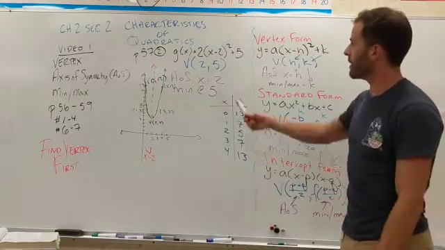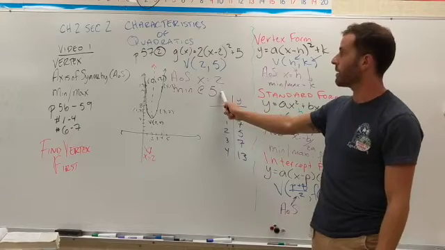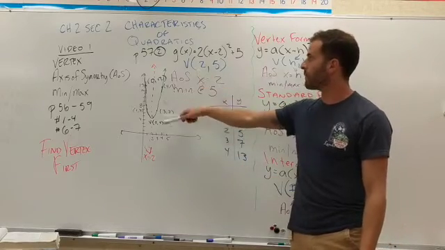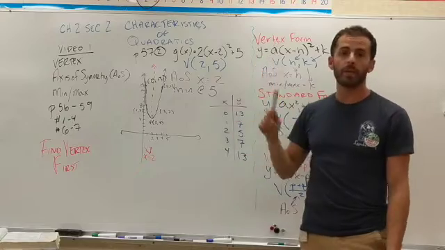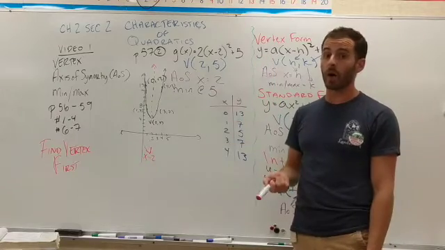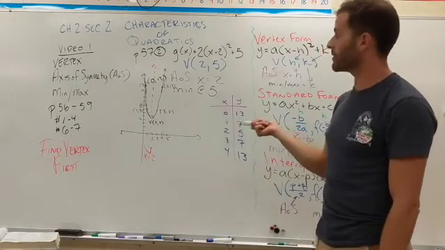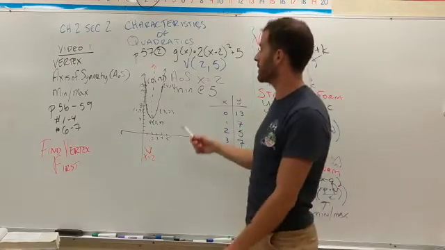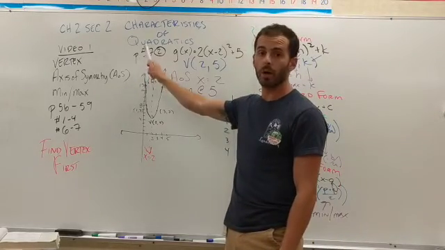So that's how we find the vertex, axis of symmetry, min or max from a parabola in vertex form. You can pause now, try number 1. I'm going to erase, I'm going to do number 4, and then you're going to do number 3. So page 57, number 1 right now.